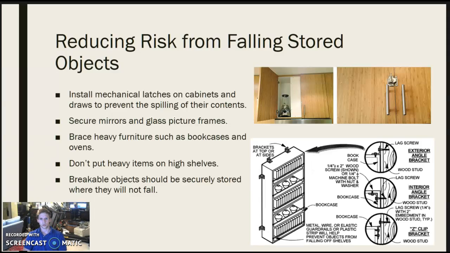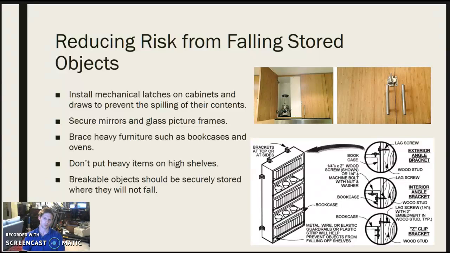Then you get to the actual problems that occur indoors during an earthquake. Things that fall, glass, anything heavy, those are things that need to be either locked up or just put down low. Chemicals and so on also need to be put away in secure locations. This can be done through mechanical latches on cabinets and drawers.